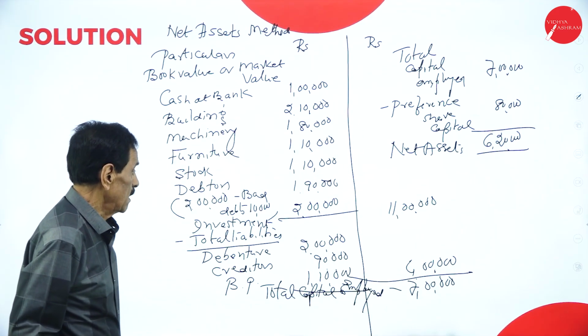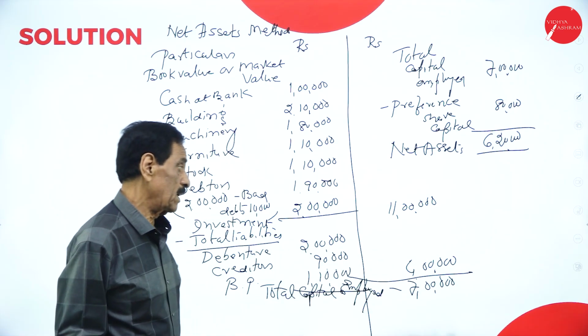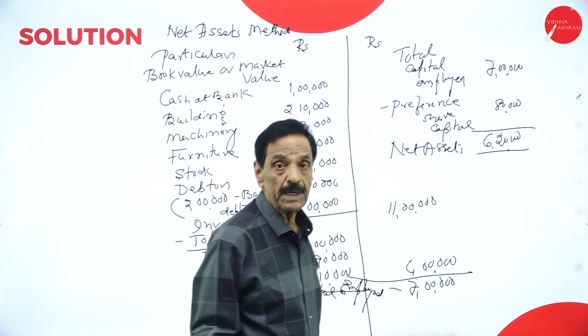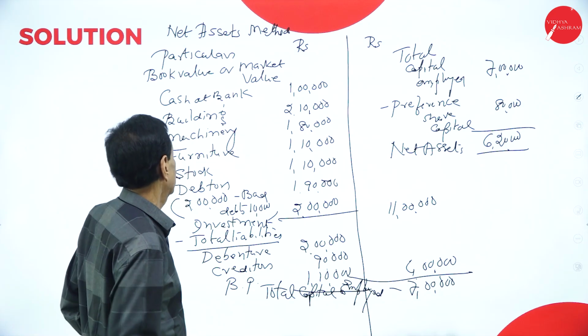So your total asset valued 11 lakh, liability 4 lakh, difference of 7 lakh. Out of that preference share 80,000 gone, it is 6,20,000. That's the net asset. Next paragraph.